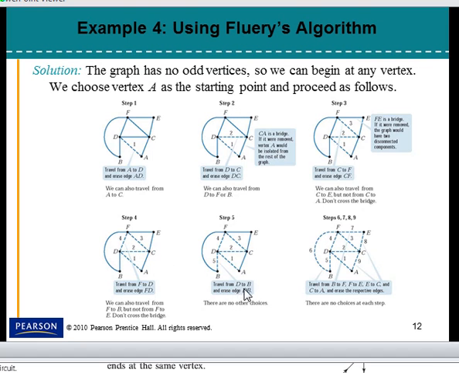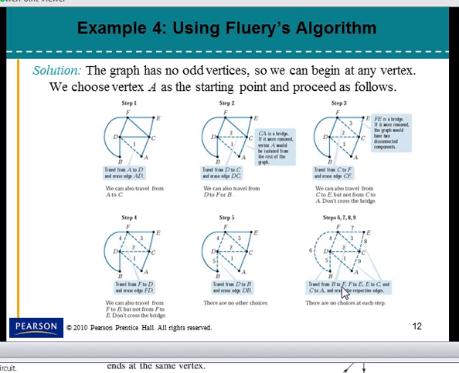Travel from D to B and erase edge DB. So we erase that edge, we put a dashed line. Travel from B to F, right around here, sort of like a circular fashion there.